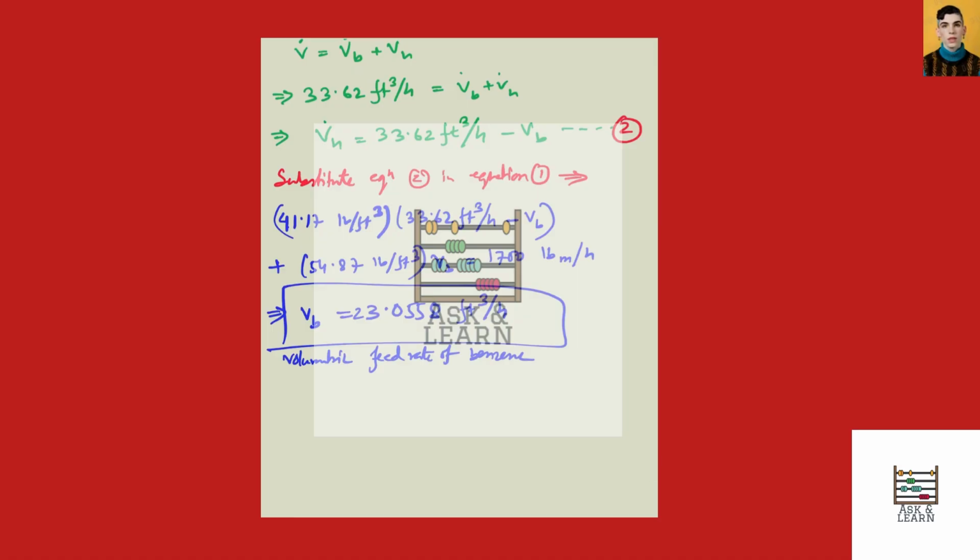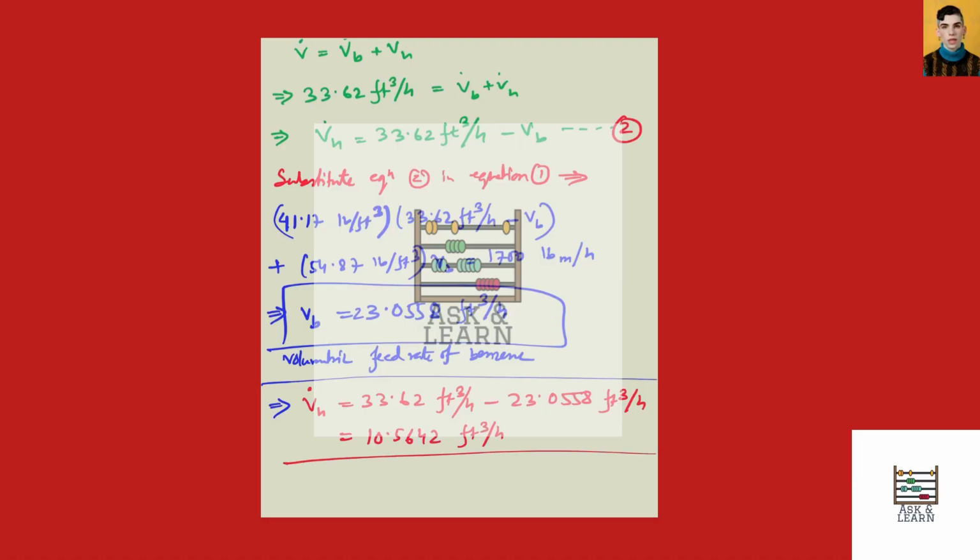Now we can substitute the value of the volumetric feed rate of benzene into equation 2. Then VH is equal to 33.62 feet cube per hour minus 23.0558 feet cube per hour, and the volumetric feed rate of hexane we get is 10.5642 feet cube per hour.